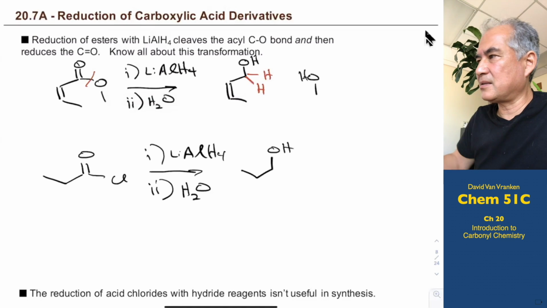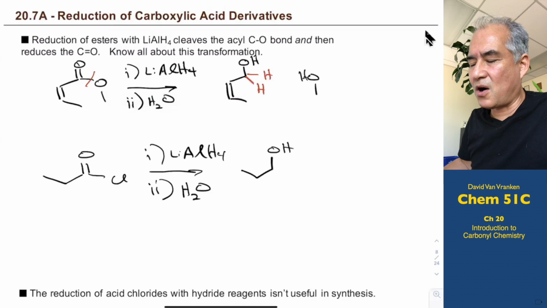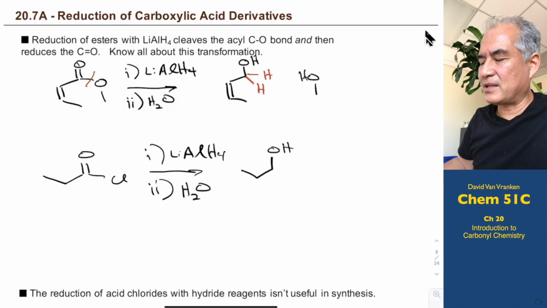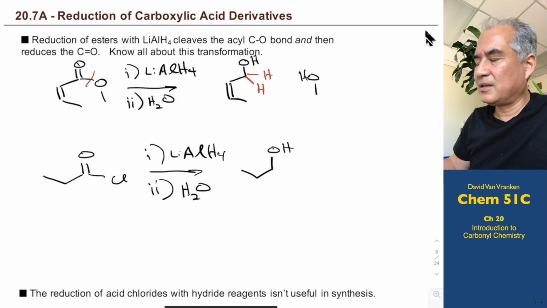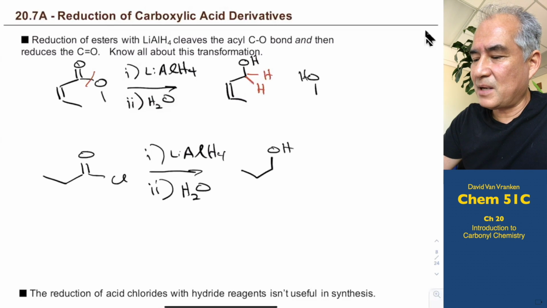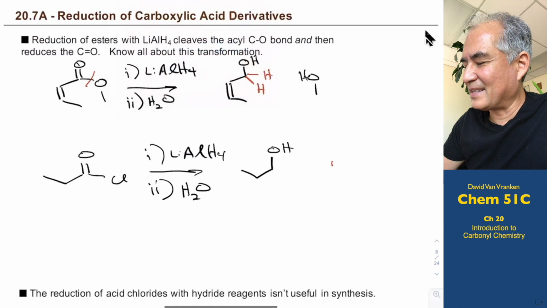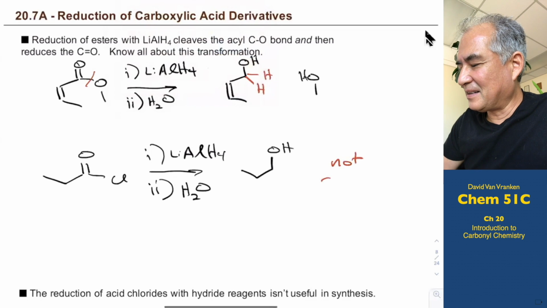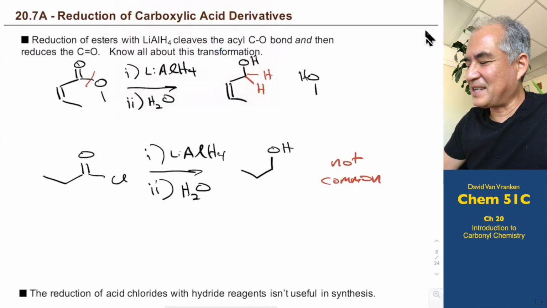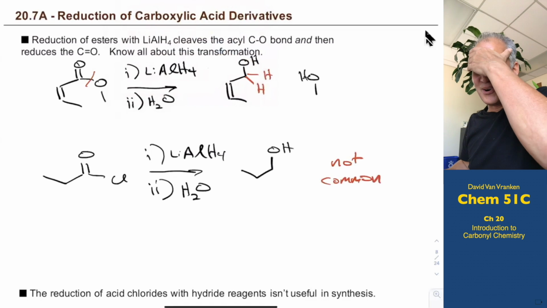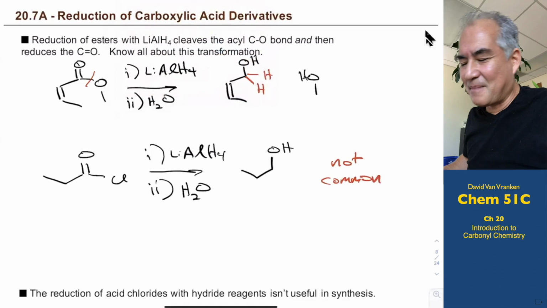In this case, I'm not going to draw the chloride. We normally don't draw the lithium salts or the chloride salts as the product. We just show the organic products of the reaction. Nobody would ever do this. It takes a lot of work to synthesize acid chlorides. If you go through the trouble of synthesizing an acid chloride, there's no way you're going to take it and reduce it right back down to an alcohol. This would not be in any way common.